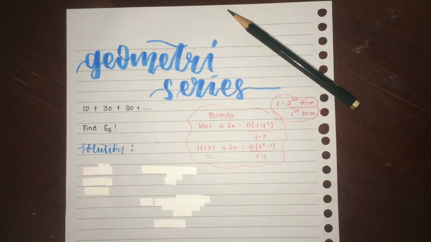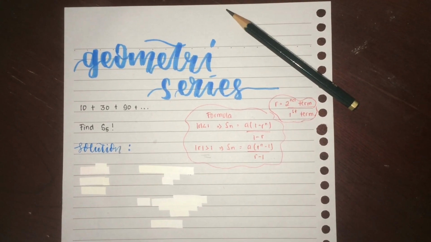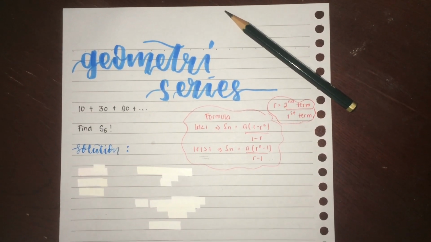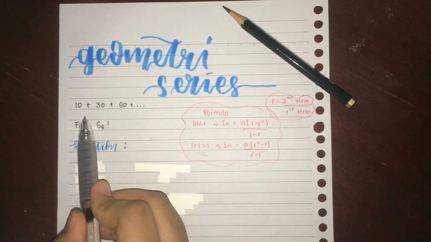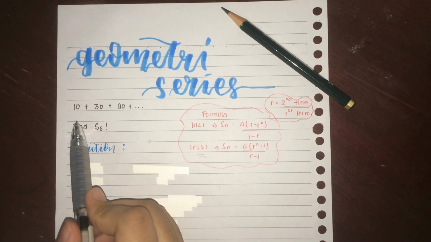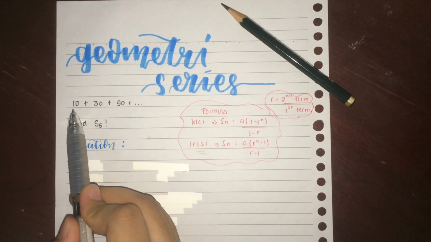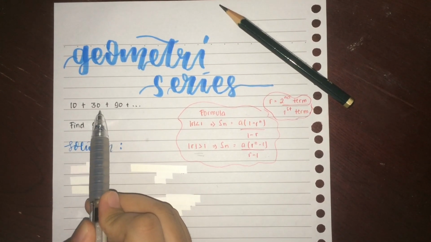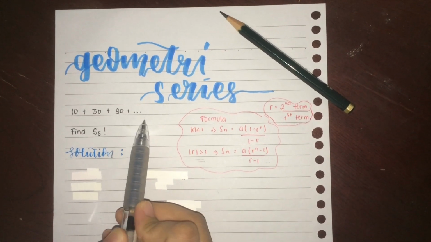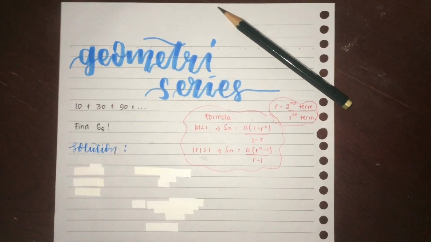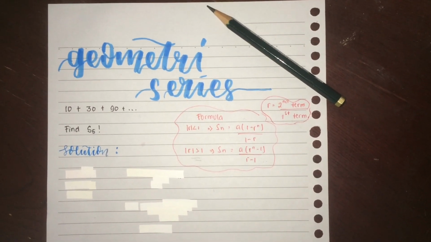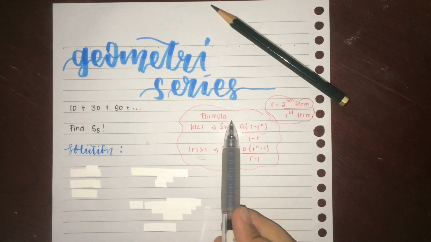And now, I will show you how to do a problem of geometric series. And this one is an example for geometric series. There is a series of 10 plus 30 plus 90 plus to infinity. If we find a question of geometric series, we use this formula.